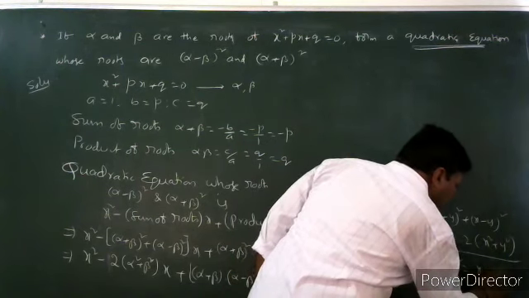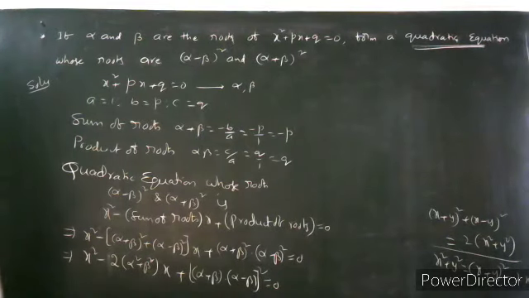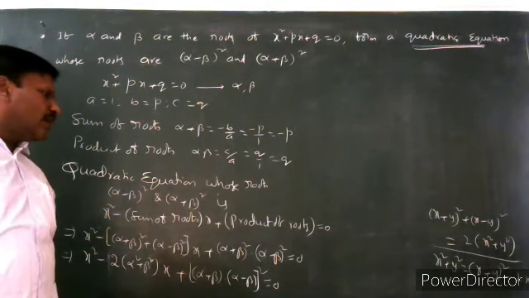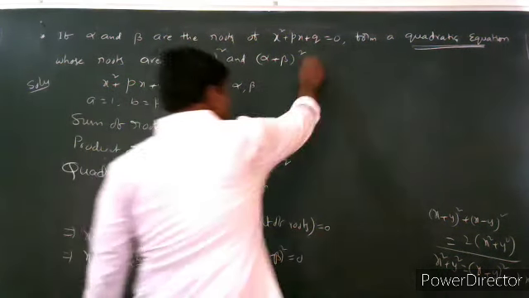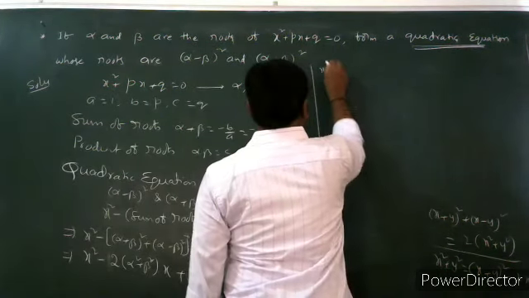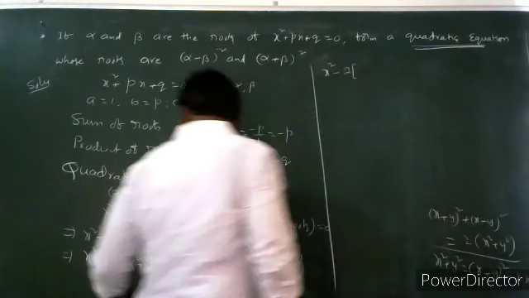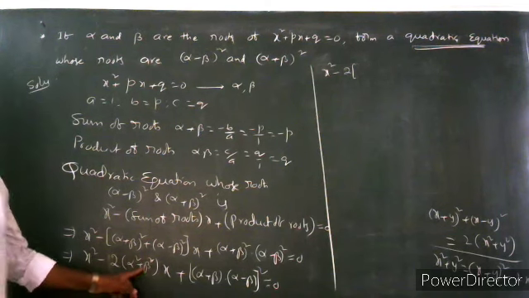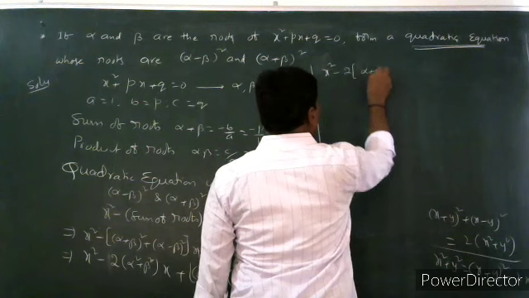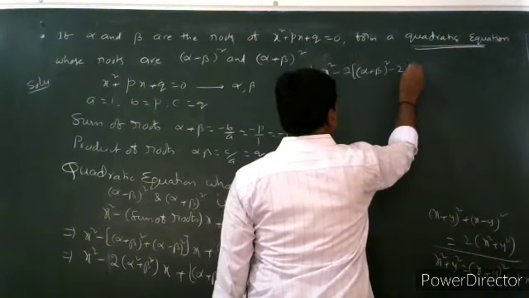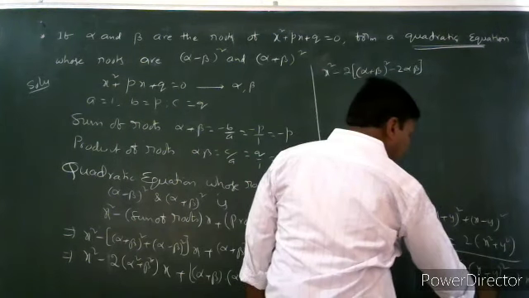This can be written as x plus y whole square minus 2xy. So this alpha square plus beta square is written as alpha plus beta whole square minus 2 alpha beta, according to this formula.